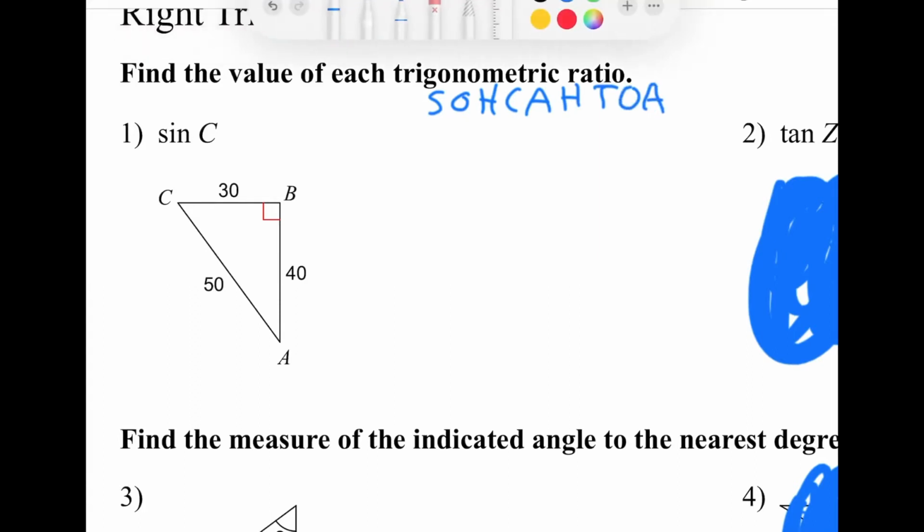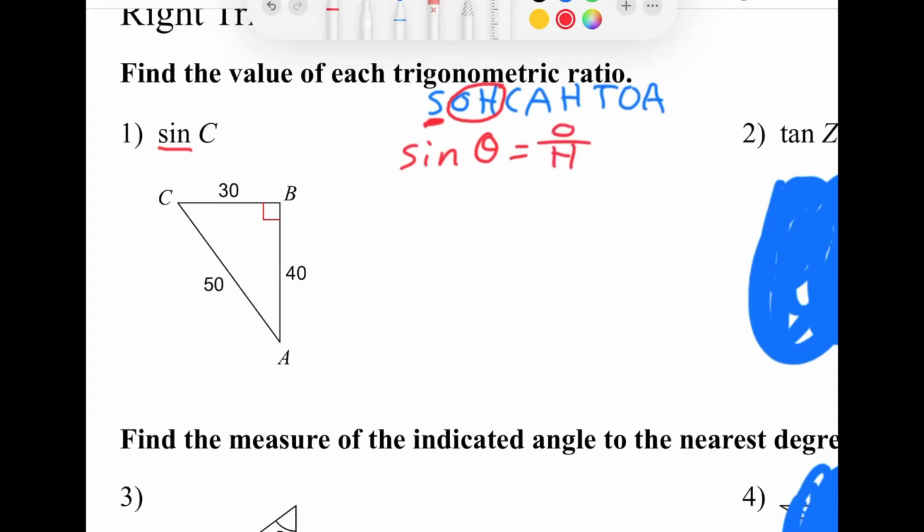And for number 1, we are looking at sine. So the S is representing our trig function, and we're looking at the next two letters, which is O and H. So sine of theta, which is our angle measurement, equals opposite over hypotenuse.